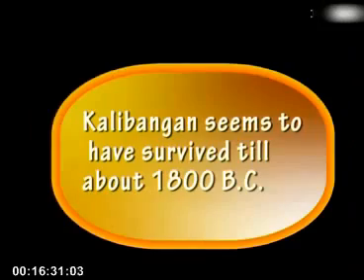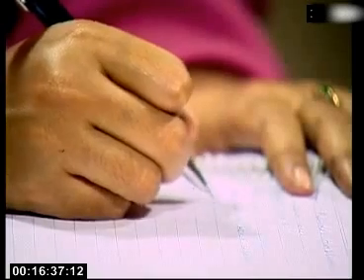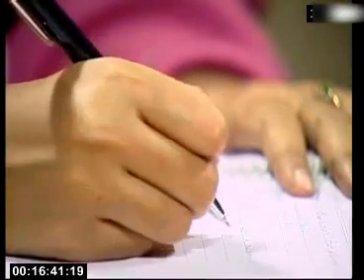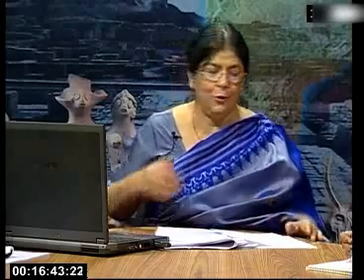But somehow it came under complete domination of Mohenjo-daro, and Kalibangan survived till as late as 1800 BC, when the Ghaggar river completely dried up and the city lost its agricultural base. So this was what happened to Kalibangan. It disappeared once, but it was reconstructed, and when it was reconstructed, it followed the lines of Mohenjo-daro.